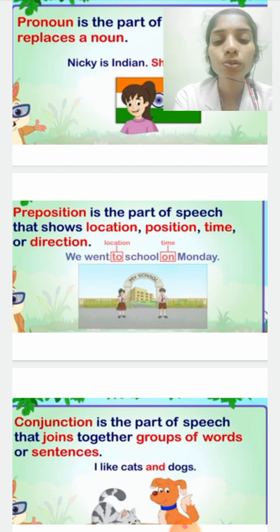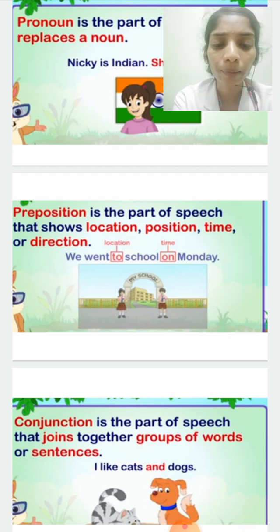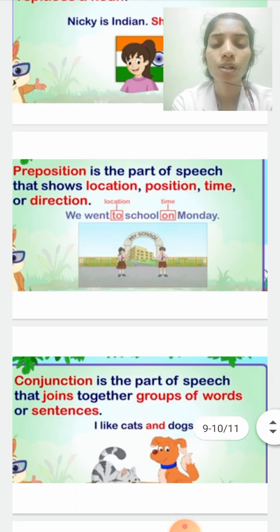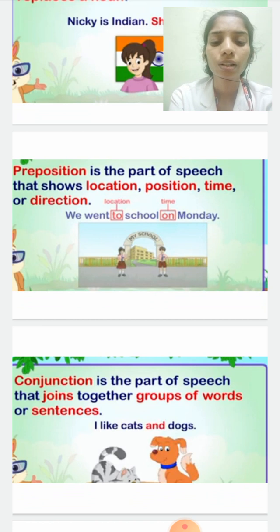So we went to school, and Monday. Here you can see the location is to and the time is on. So parts of speech hold a strong relationship with the noun.